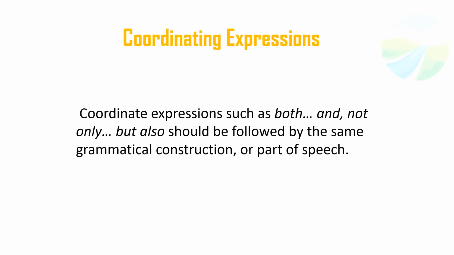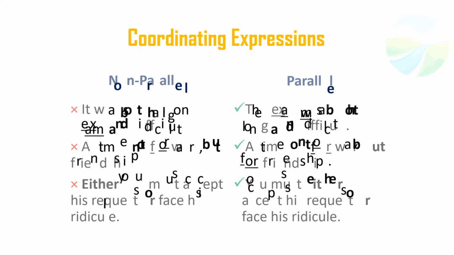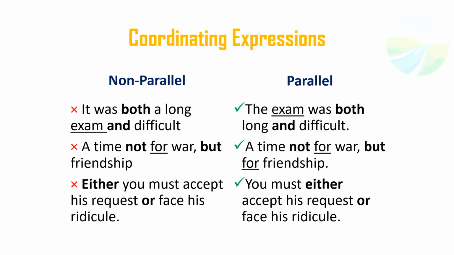We also need to exercise caution when using coordinating expressions such as both and, not but, and either or. What's important is that each of the two words in these coordinating expressions are followed by the same part of speech. Let's look at some examples.